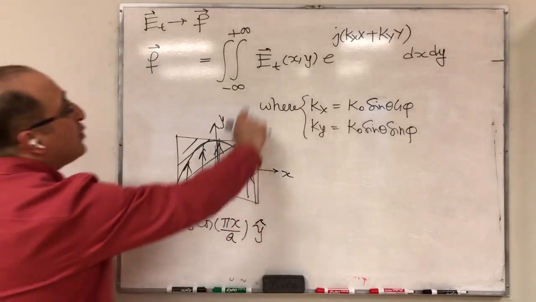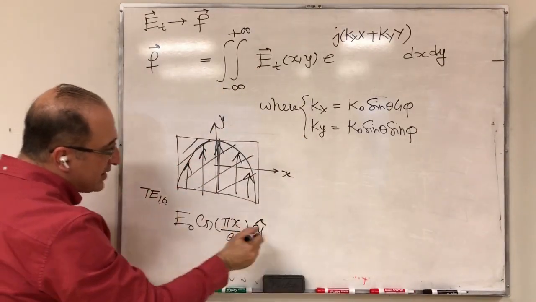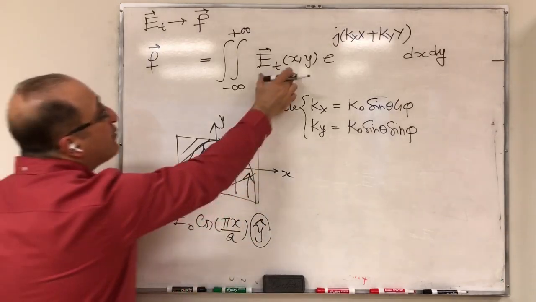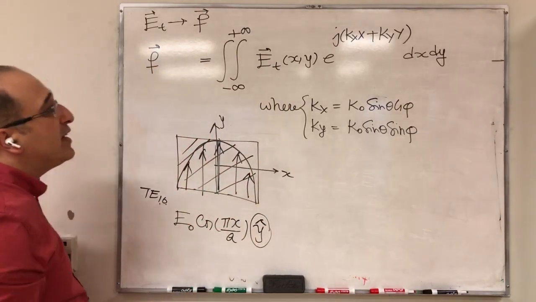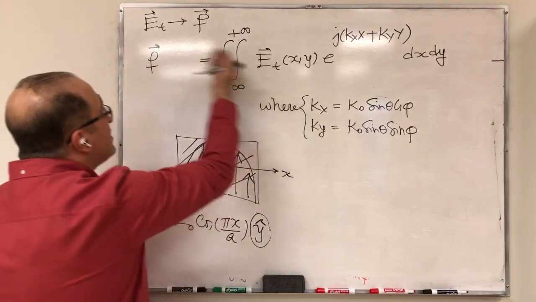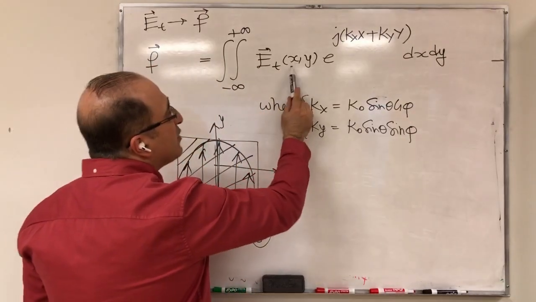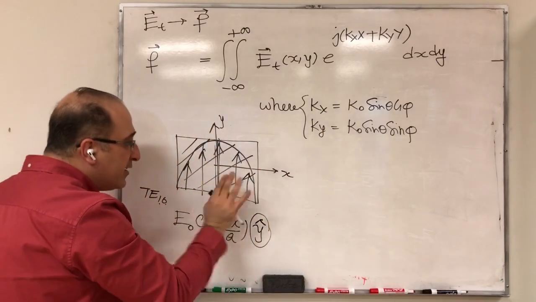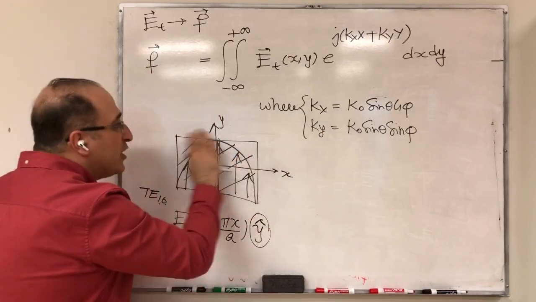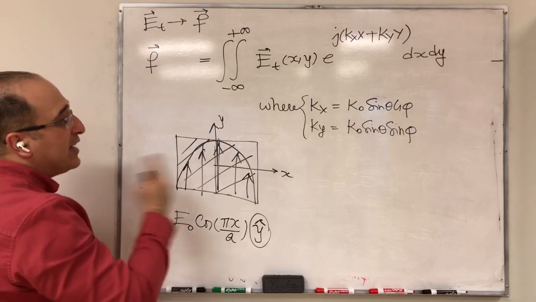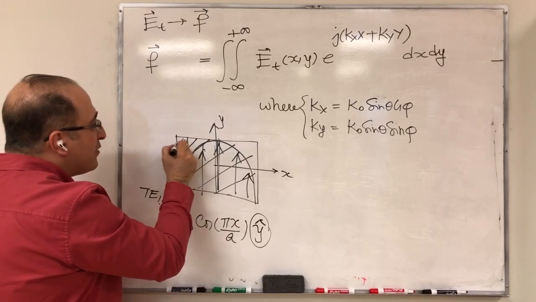And remember, electric field is a vector. So in this case, this is y hat. And the auxiliary function that we get consequently would be a vector too. So your integration is in terms of x and y. So you're integrating over essentially the area of this aperture. dx dy would be an element of an area.